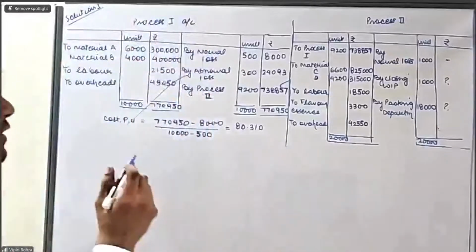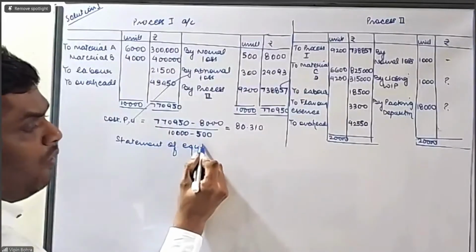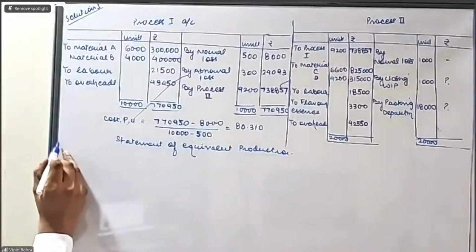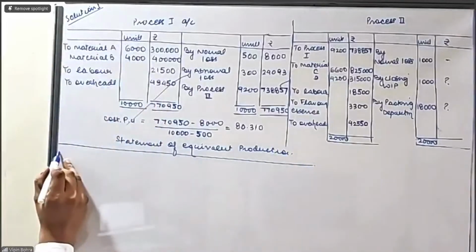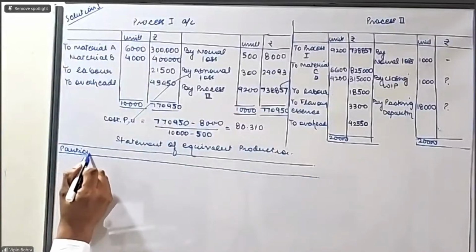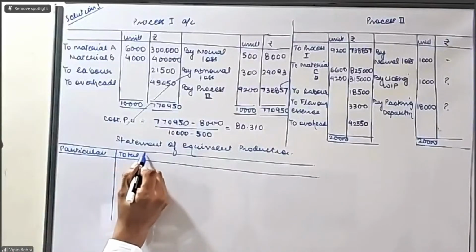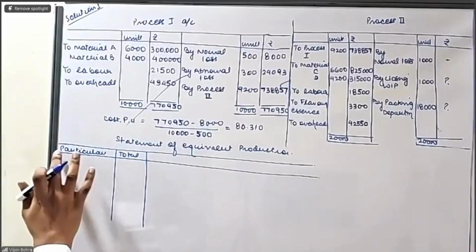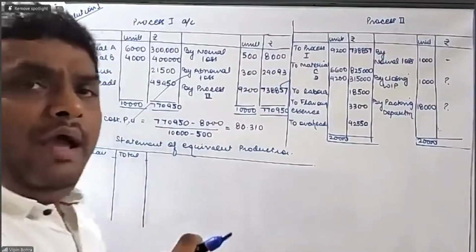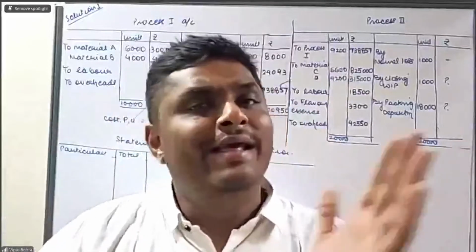So now let's start with the preparation of statement of equivalent production. Now here, see, in regular statement of equivalent production, we used to write material, labor, and overheads.